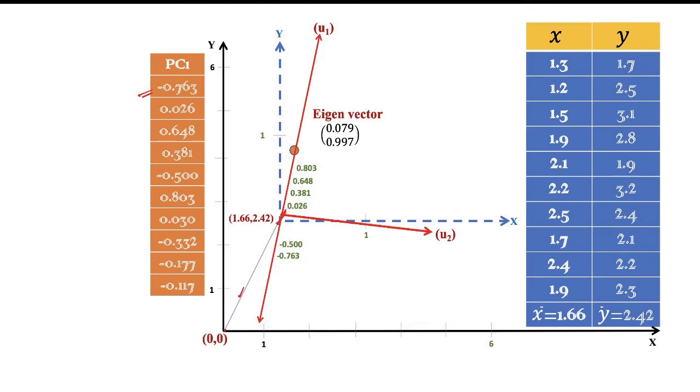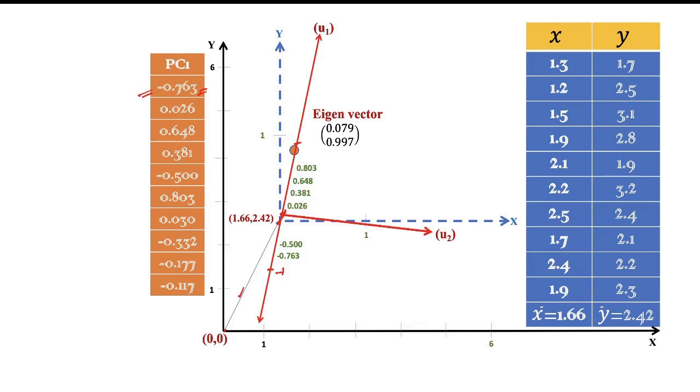We can set it as 0. Then we plot minus 0.763, the first point. If this is the origin and somewhere here is 1, then similarly on the other side it is 1 on the positive side and 1 on the negative side.